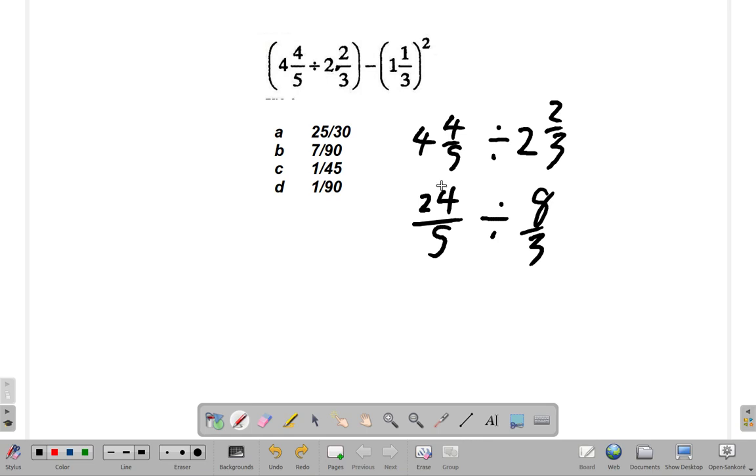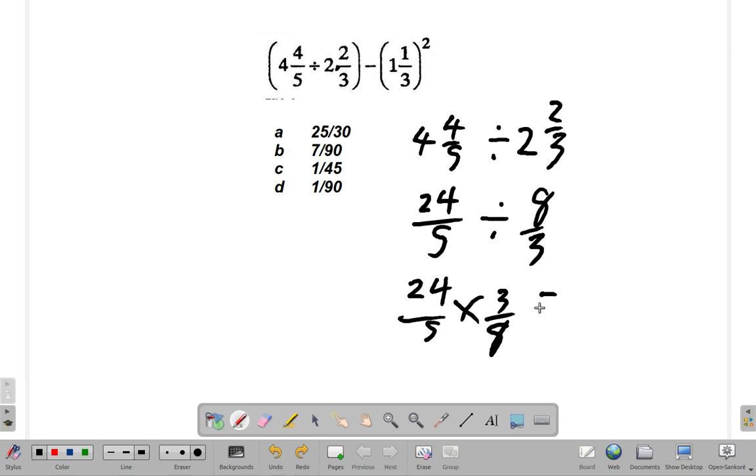Then here you have a fraction divided by a fraction. Remember what to do. It's going to be this fraction on the left, the numerator fraction, 24/5, multiplied by the reciprocal of the denominator fraction. So 8/3 becomes 3/8.